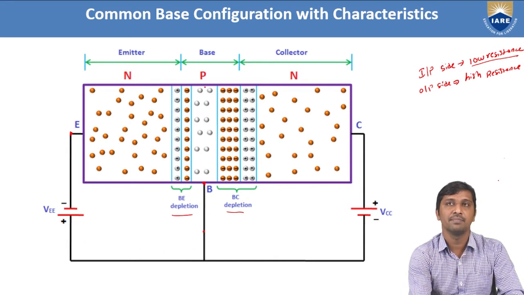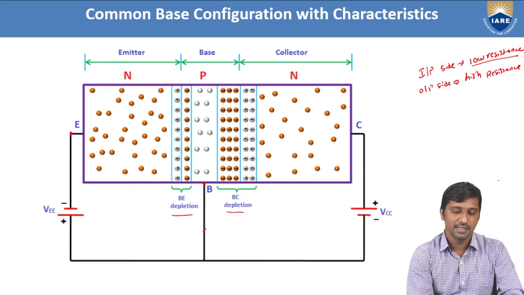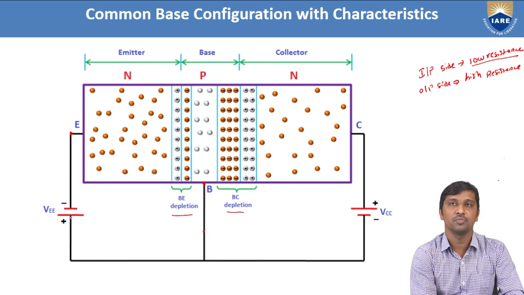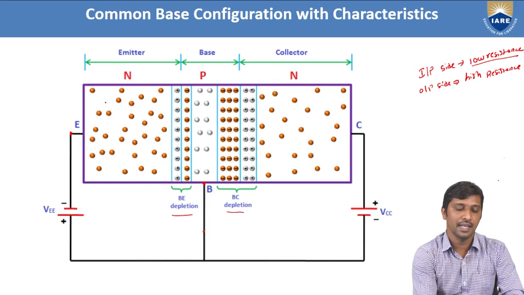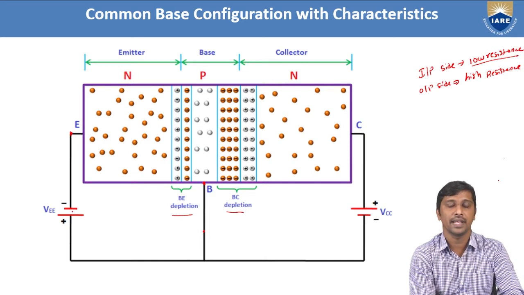Because this material is a p-type material, and we know that when the p is connected to the positive pole of the battery with respect to the cathode, that particular diode acts as a forward bias diode. That is the reason I connected the base terminal to the positive pole of the battery. Coming to the emitter, the emitter side is N, and N is connected to the negative.